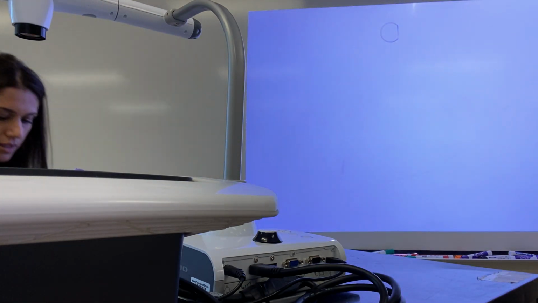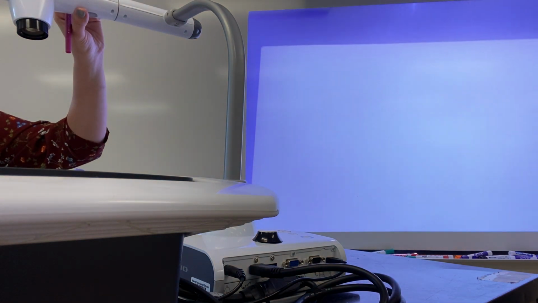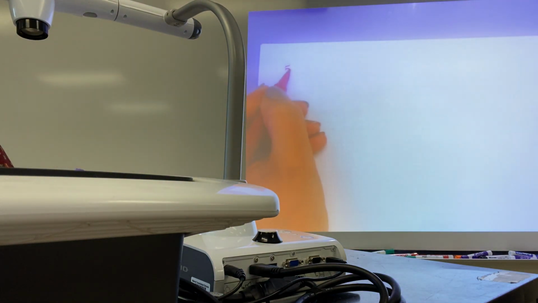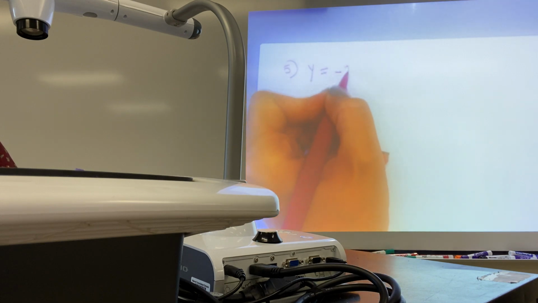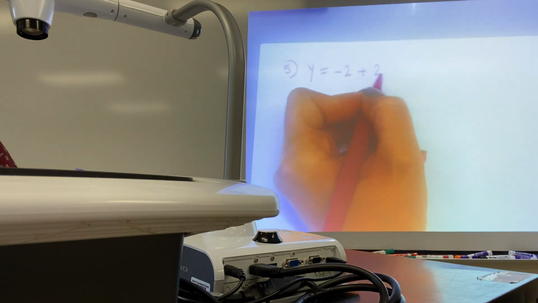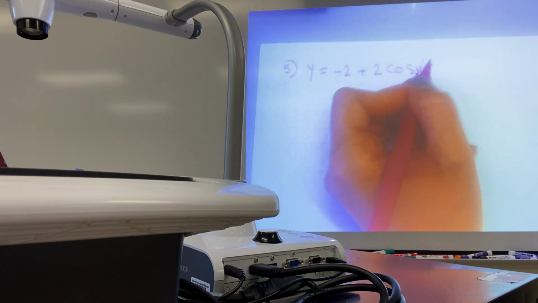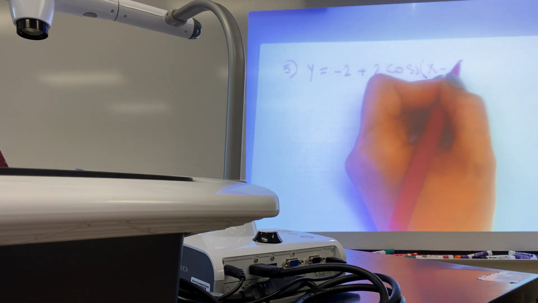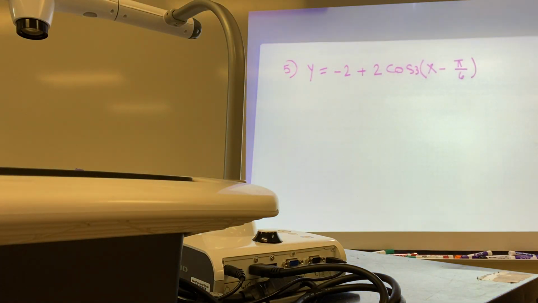Papers. So we'll look at example 5. And this time we have y equals negative 2 plus 2 cosine. Oh, sorry, there's a 3 here. Cosine 3x minus pi over 6. Okay?